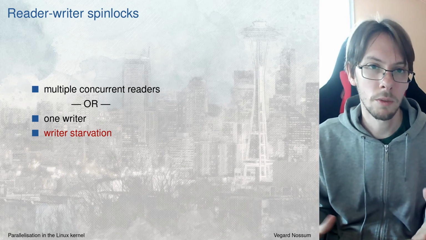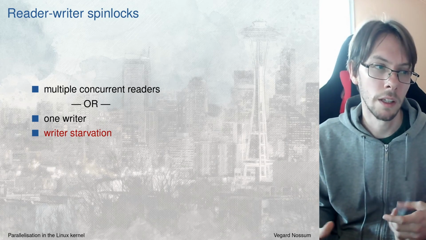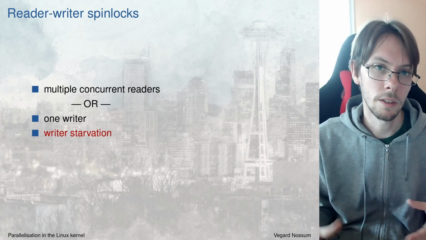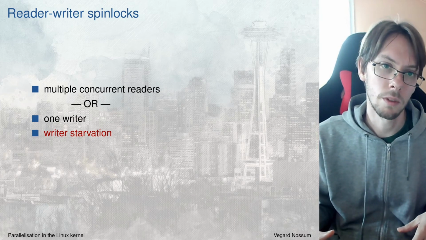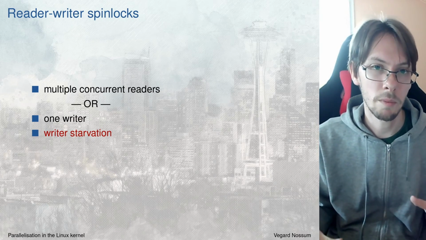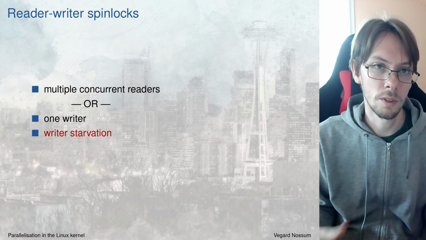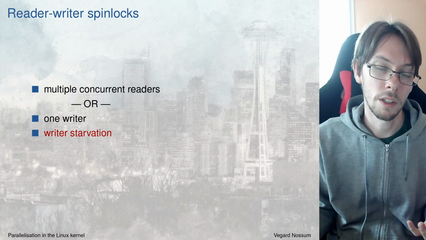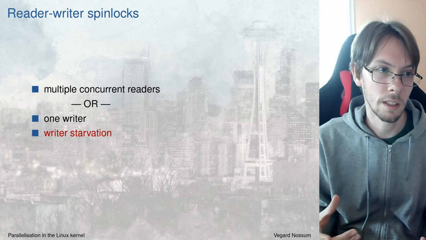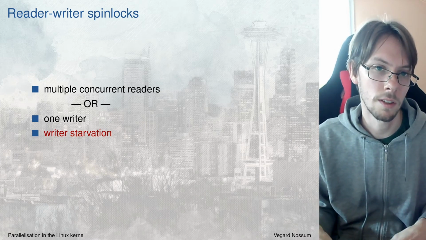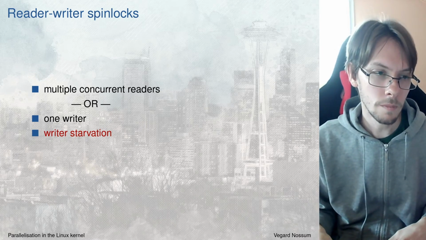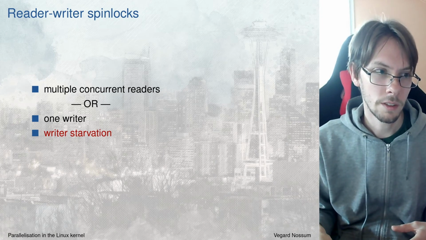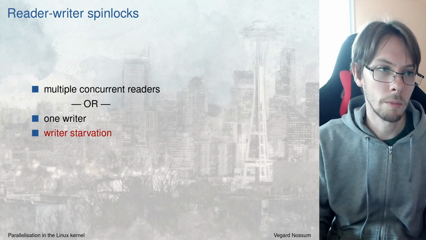You could imagine ways to fix that, for example, by only letting a limited number of readers in at a time, or maybe you have some kind of time limit after which readers are forced to wait. But then that's also kind of weird because now you're blocking the readers when it seems like they could have had access. So it's something that you could use, but there may also be even better ways.